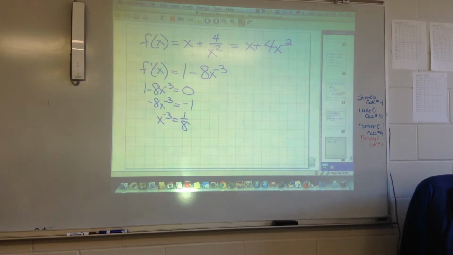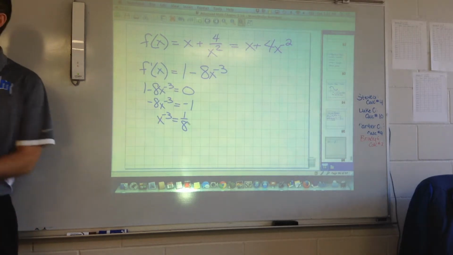And then cube each side? No, negative third root. How about raise both sides to the negative 1/3? So, cube root of 1/8. Negative 1/3, because I really just want x to the first power.